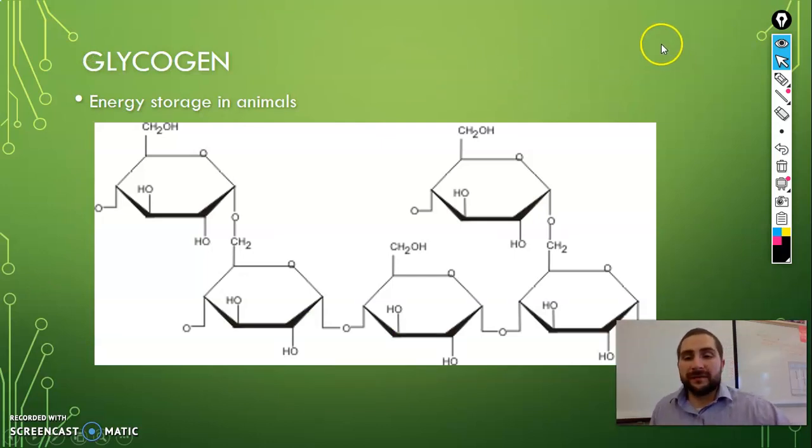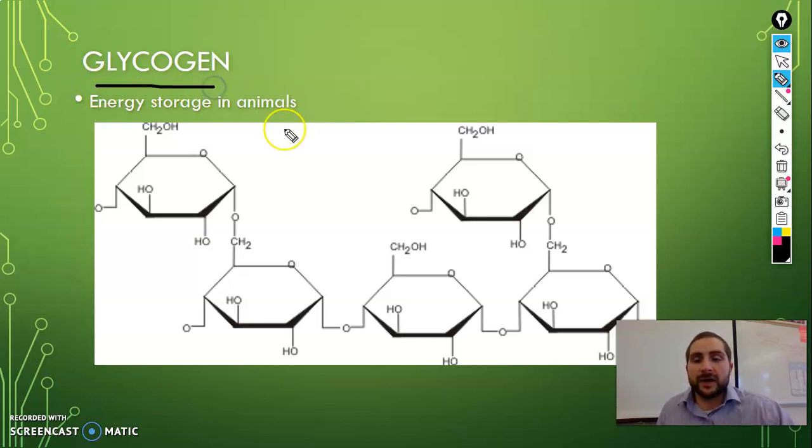Now, the other form of energy storage is called glycogen, and this is the form in animals. Just like plants, we take in glucose or starch, we break it down or use it, and if we have some left over that we don't need at the moment, we store it as glycogen. We store glycogen in the liver and in the muscles, and there are very good reasons for that.